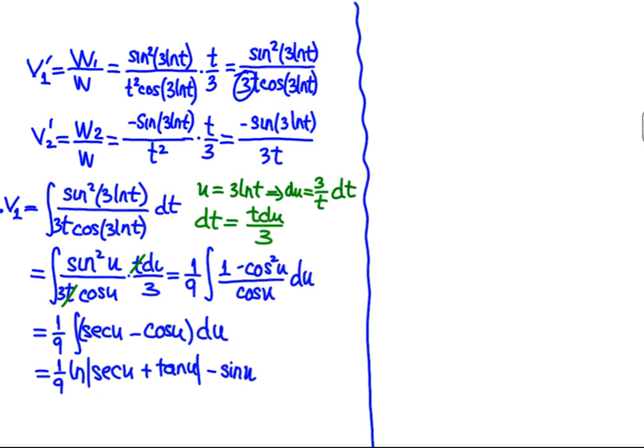So I will substitute in, and we have 1 over 9 ln secant of 3ln t plus tangent of 3ln t minus sine of 3ln t.